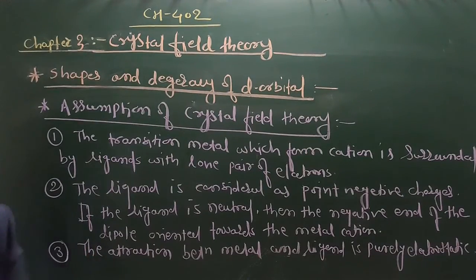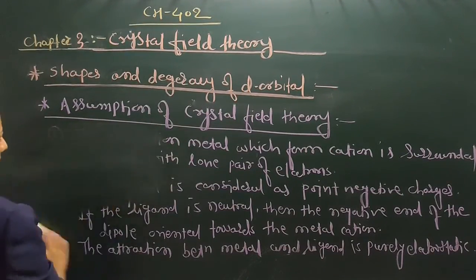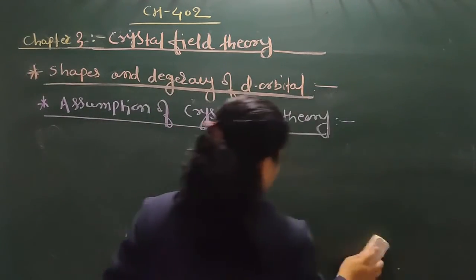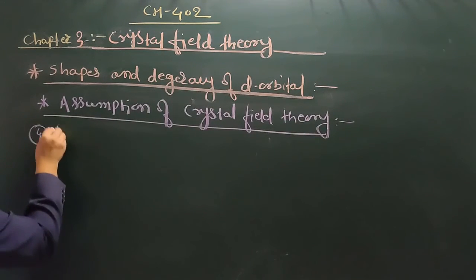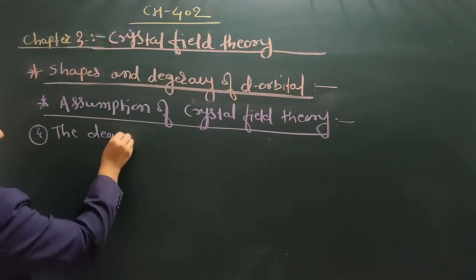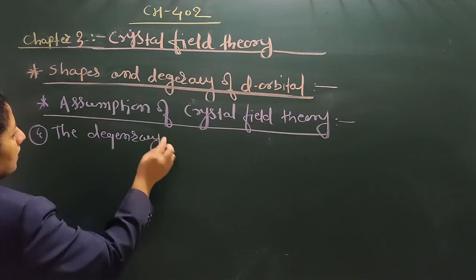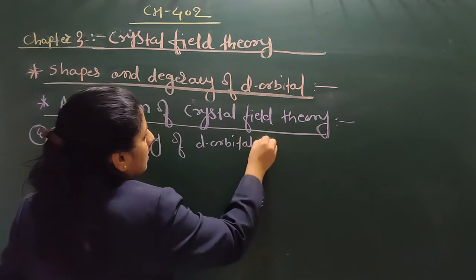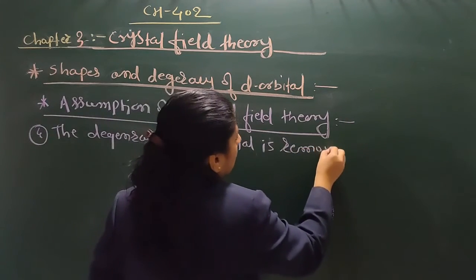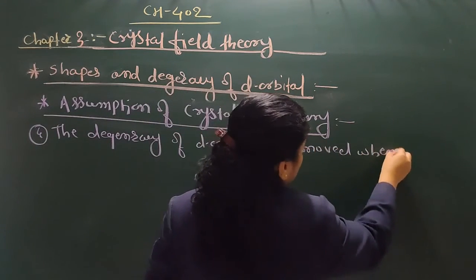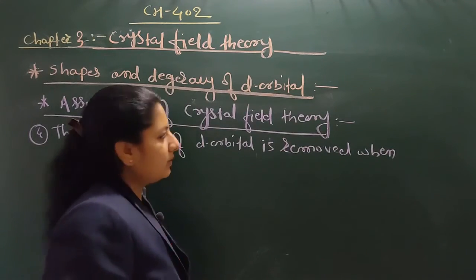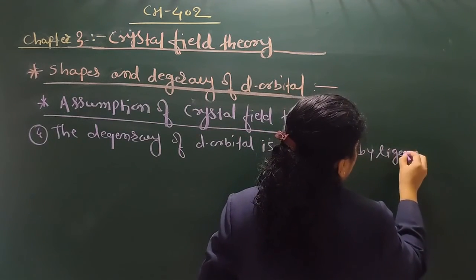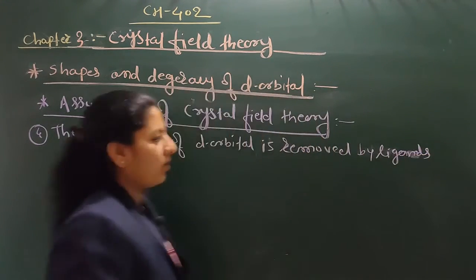The next assumption is that the degeneracy of the orbitals is removed when the ligands approach the metal atom.